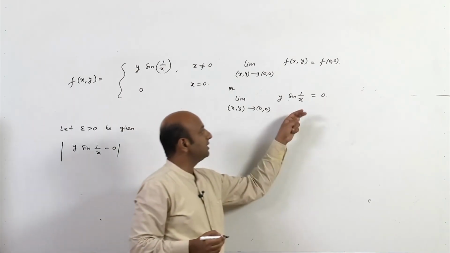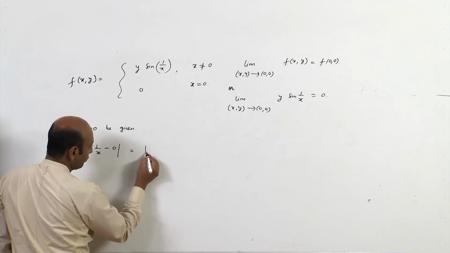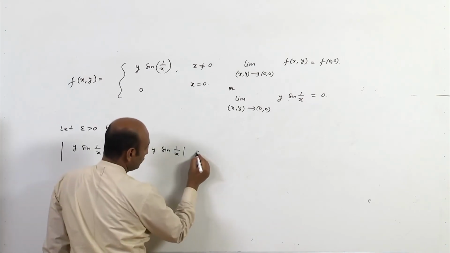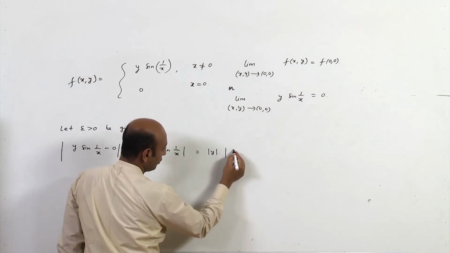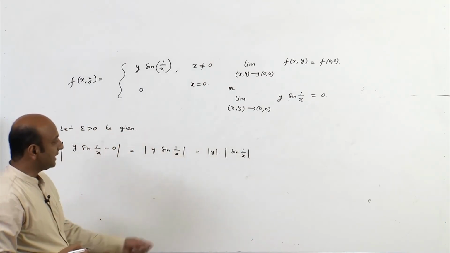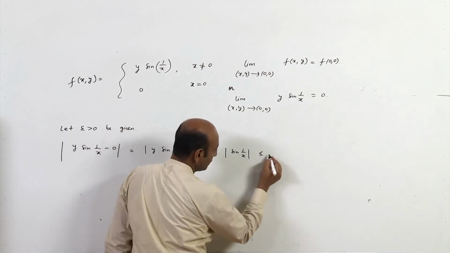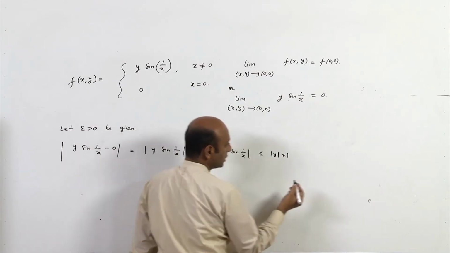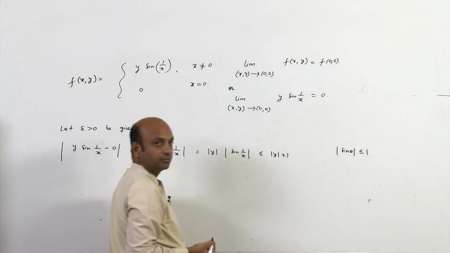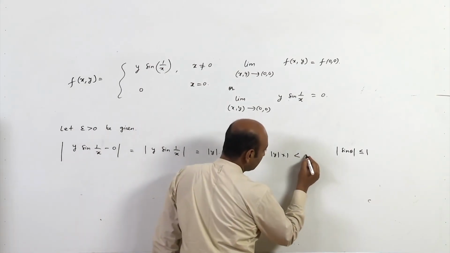We will take this side as f(x, y) minus L. Now, this quantity is equal to mod y into mod of sin(1/x). Now, mod of sin theta is always less than or equal to 1, for any theta. So, it is less than or equal to mod y into 1, and this is less than delta.